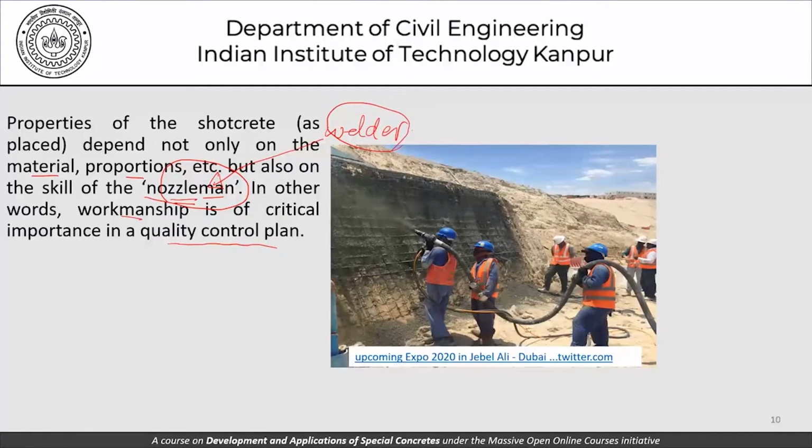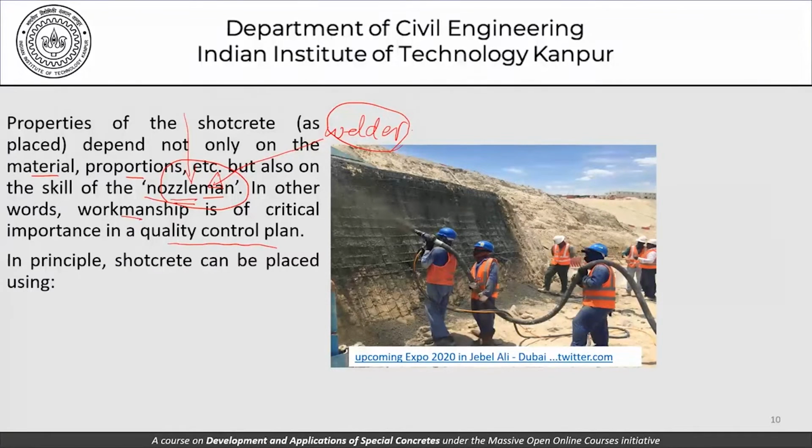A welder works with steel, and there are different types of welders, there are different qualifications that exist, and I'm leaving it to you to think about and look for qualification methods for a nozzleman. How do we go about passing a nozzleman, stating that yes, this person has passed the test and is qualified to place concrete using shotcrete as a nozzleman?